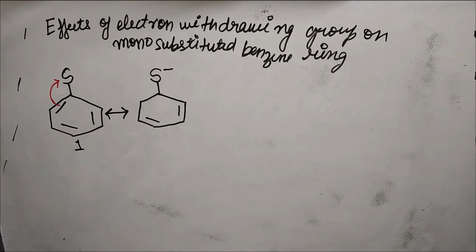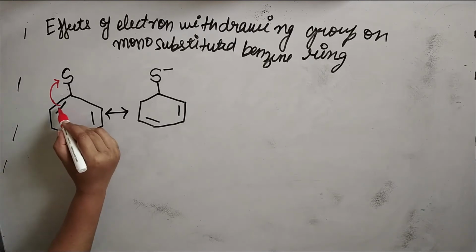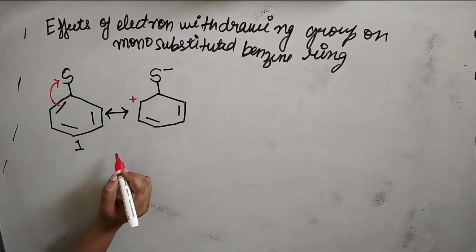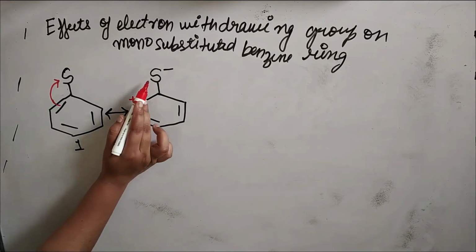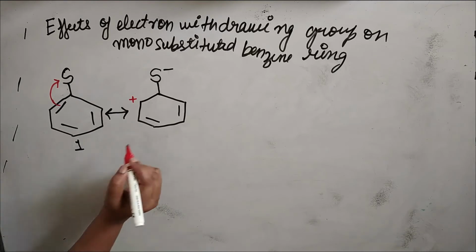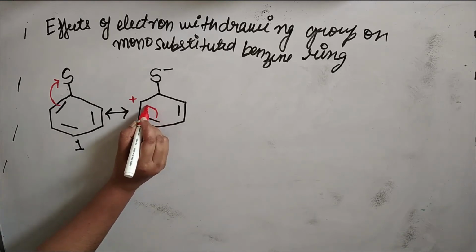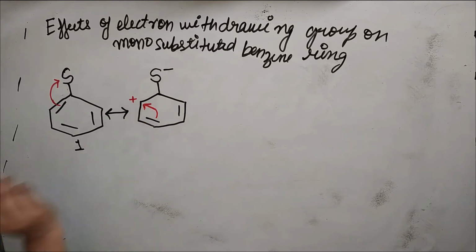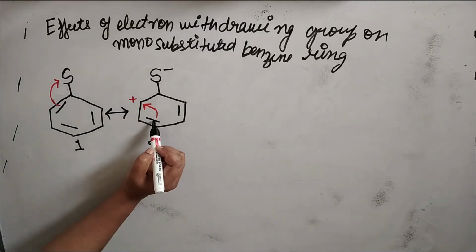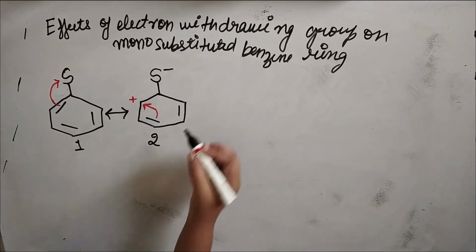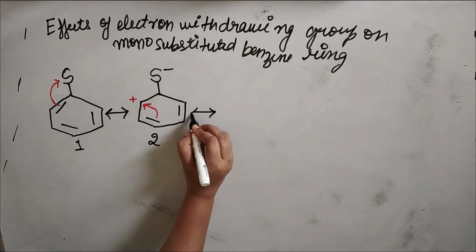Now as the electrons are taken from this bond, a positive charge will appear at this position, because the electrons are taken by the S. To stabilize this structure, the movement of electrons will take place at this position. In structure 2, the electrons move to the deficient site. Now let's see the third structure. What would be the effect?